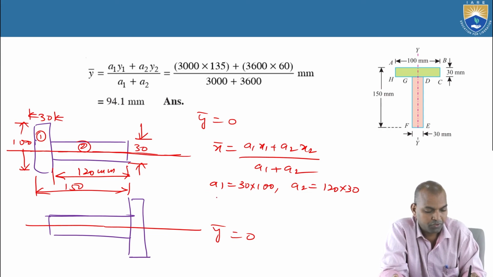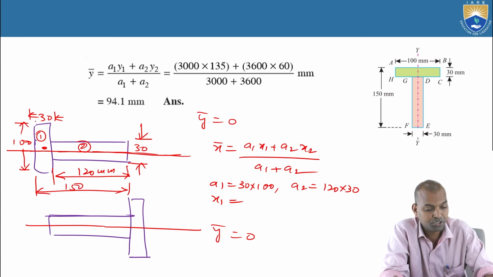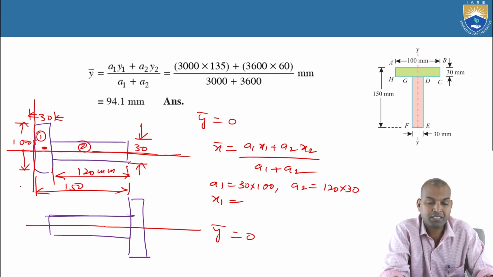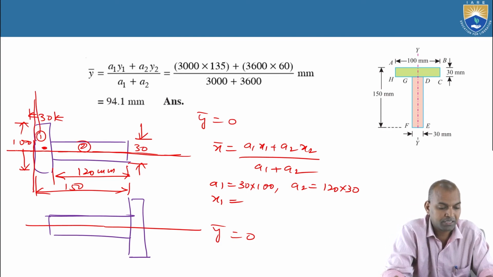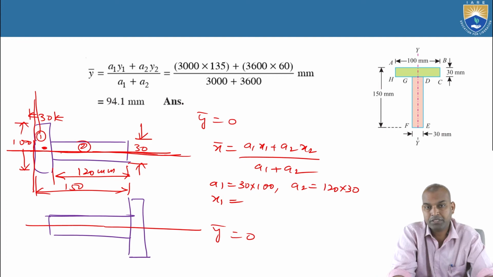Next, what is X1? X1 is the centroid of section 1. Which reference axis now? You consider the vertical reference axis, because the horizontal reference axis is passing through it, as it is symmetrical about the horizontal axis, so bar Y equals 0.